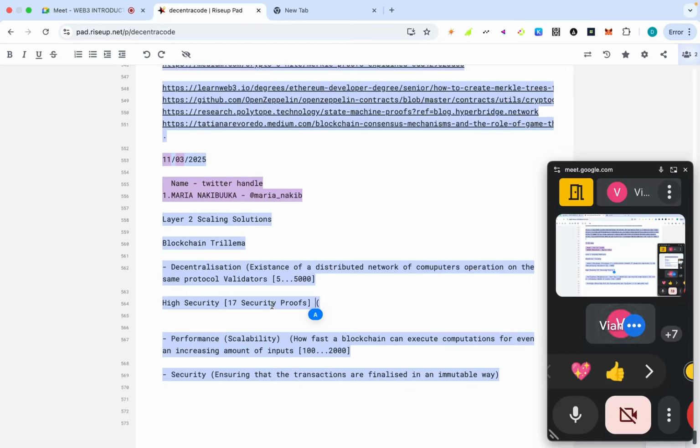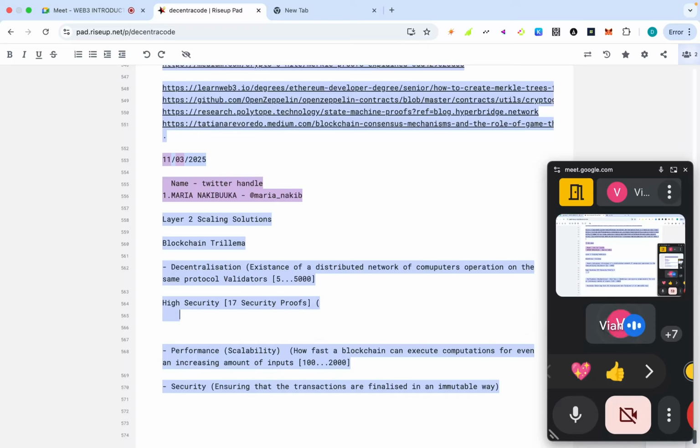So for a blockchain to be authentically decentralized, it needs to lower the level of security it requires for a transaction to be validated. In this case, we're going to see how all this impacts the other. So the lower security. In this case, maybe we have two validation proofs.